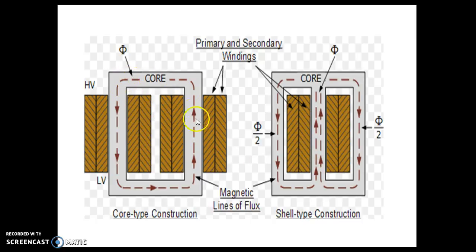The core is made up of cold rolled grain oriented silicon steel material to reduce the hysteresis loss. It has high permeability, which requires very little magnetizing current.